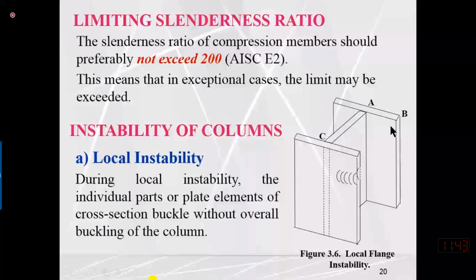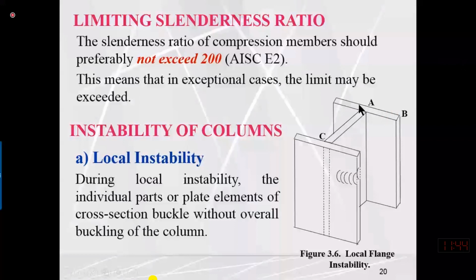So local buckling may occur in the stiffened element and in the unstiffened element. The unstiffened element in the case of a channel and a W section is the flange, and the stiffened element in the case of a channel and I section is the web. So the web is the stiffened element.